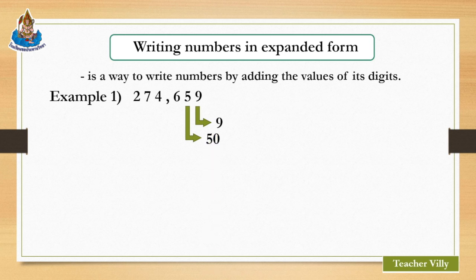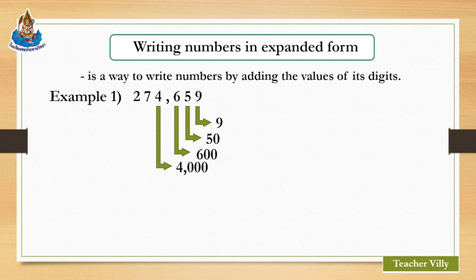Yes, it's 50. What about the digit 6? What is its value? Correct. It's 600. What about the digit 4? What is its value? Correct. It's 4,000.